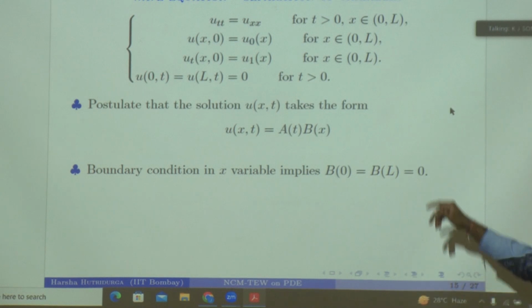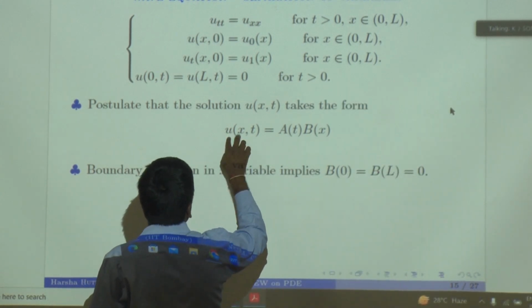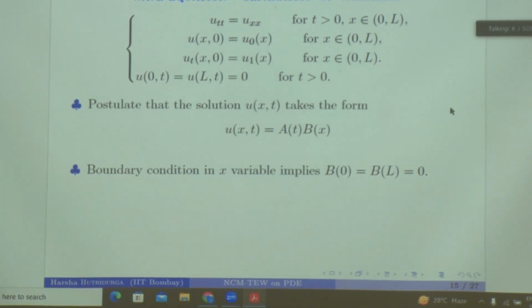Okay? Because this particular last line, if we blindly take the function to have this particular structure, u of 0 comma t is equal to 0 translates to a of t times b of 0 is 0. Okay, and this should be true for every time t.